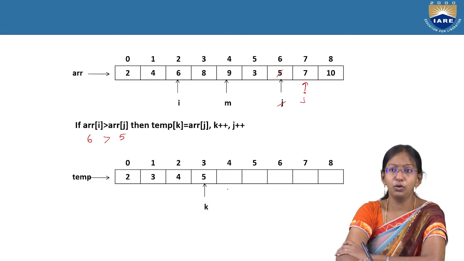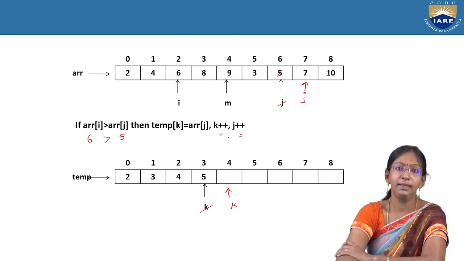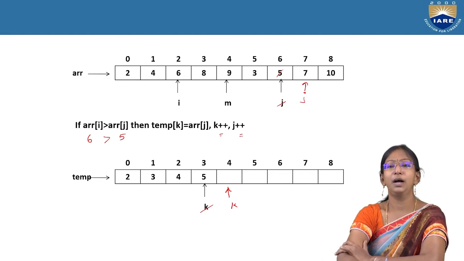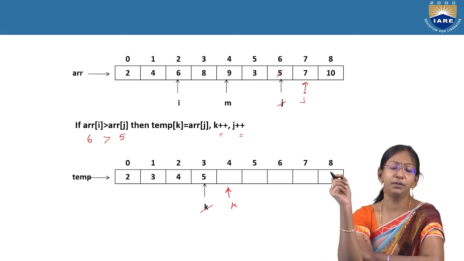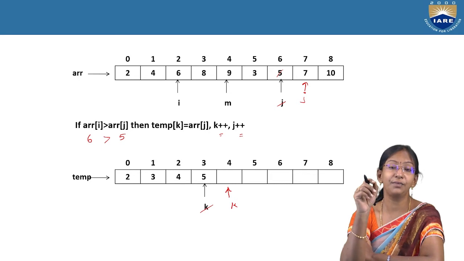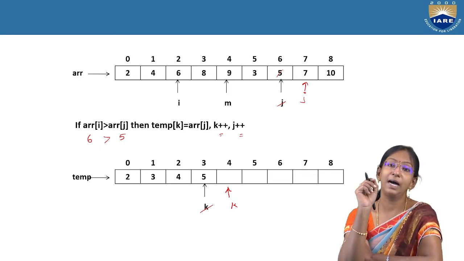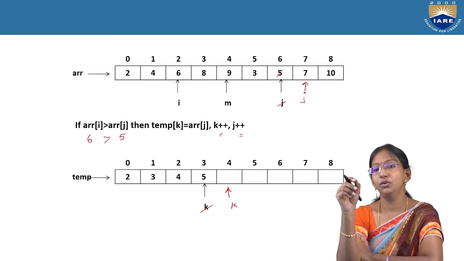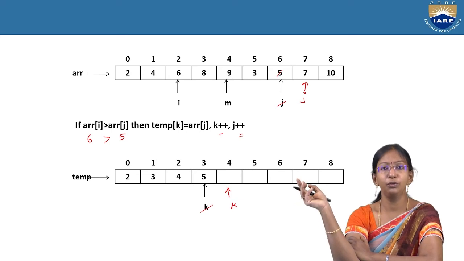So I have to think of the next slot. I'm going to increment k. So as you see, k and j are incremented. Got it? So as i is having an element which is higher compared to j, its position is not going to change.